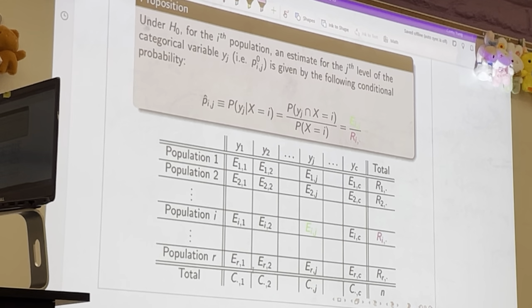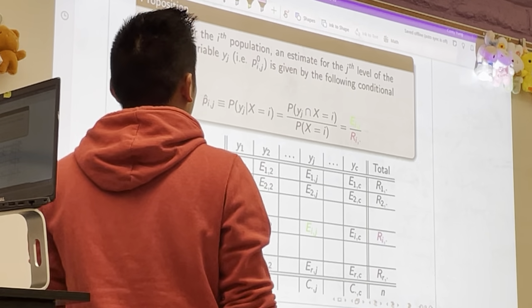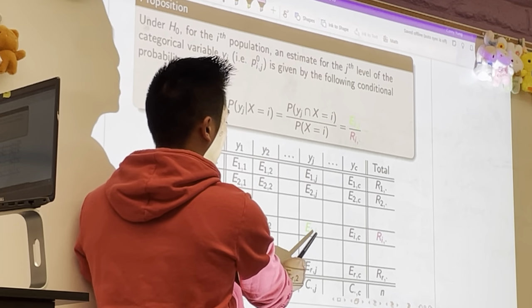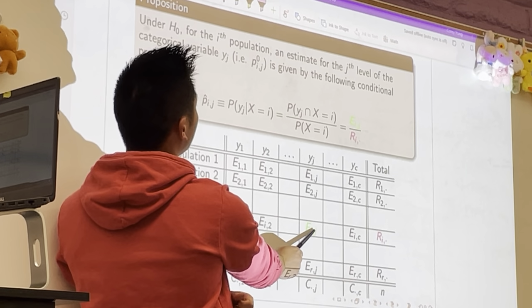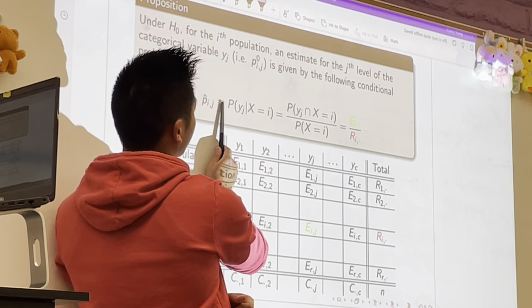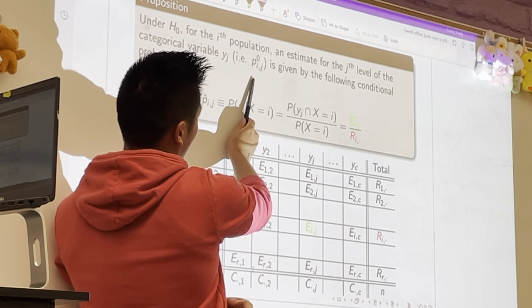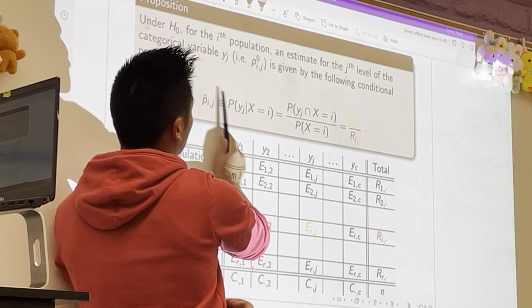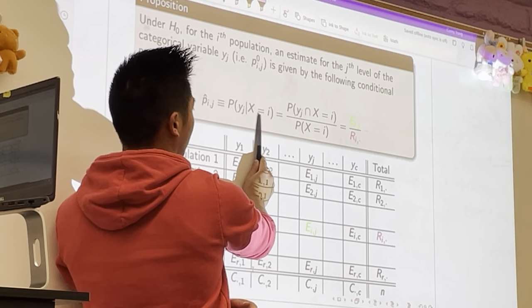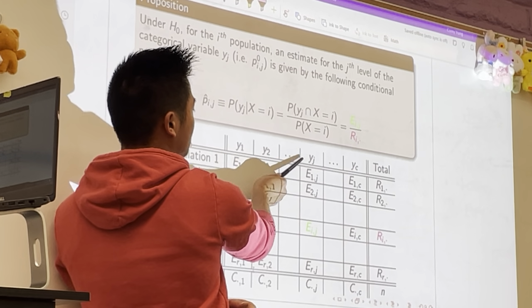But here's a proposition. If I wanted to find the probability of being in this cell, the ijth cell, then the probability attached to it, pi_{j|i}, could be approximated by the conditional probability: given being in the ith row, what's the probability of being in the jth level?